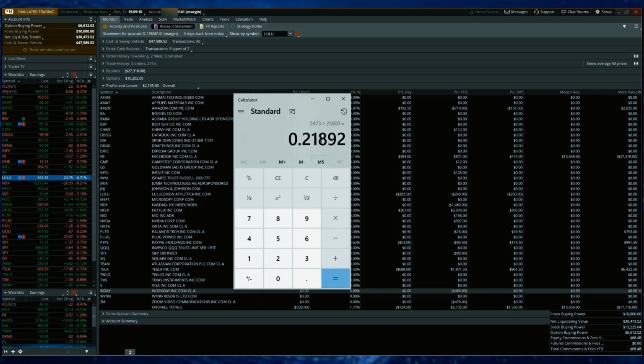That's about 22%, which is really good in a month. That is fantastic. Now, I don't know if this could happen every month, but for sure over the last month, John picked some winners, and the winners outpaced the losers. So there you have it for day 20.